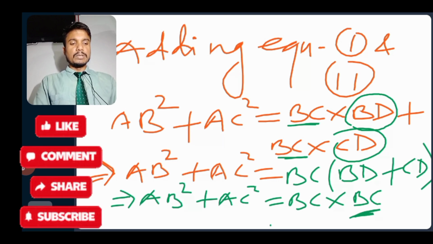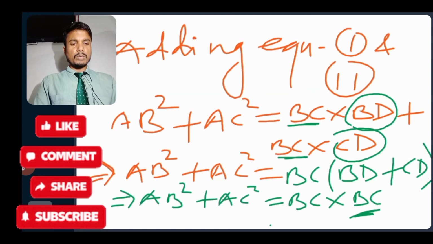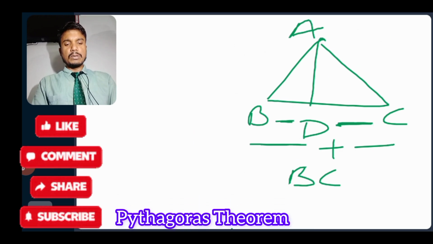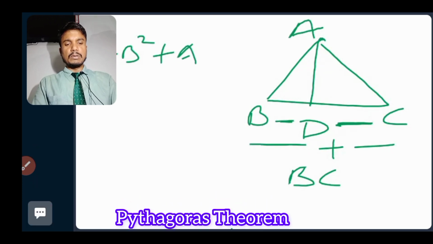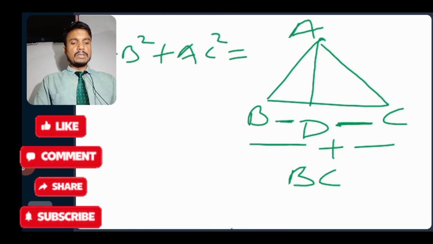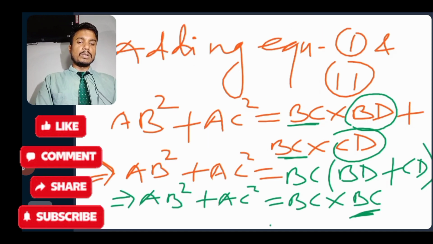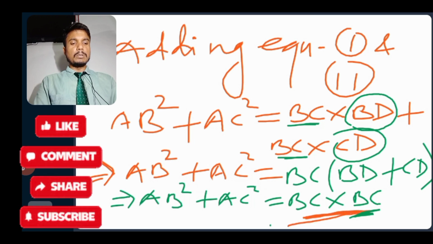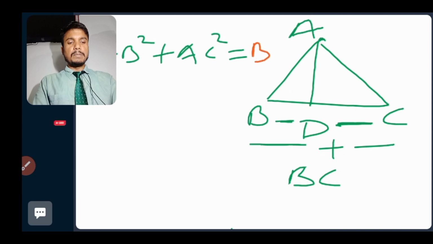Now in the diagram, AB square plus AC square is equal to, for this part, we have got BC into BC. BC into BC gives BC square.